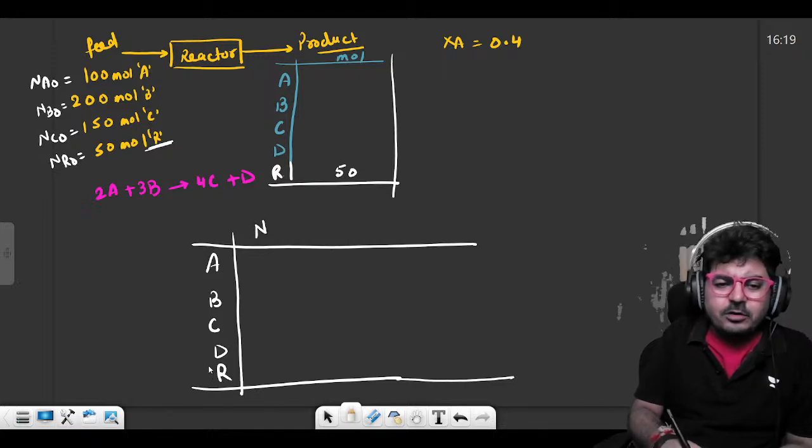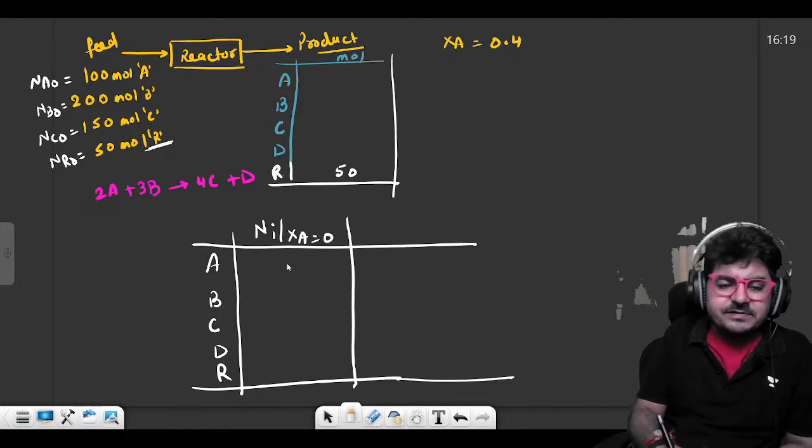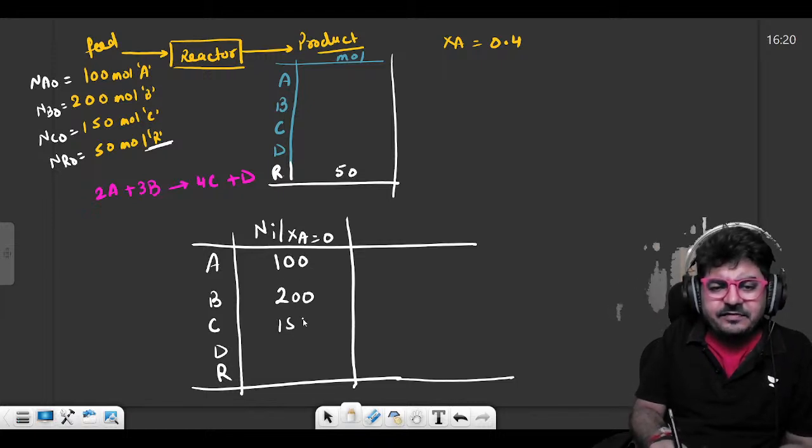In the first column, write all the components. In the second column, write moles of components at Xa equal to 0, meaning initial moles, Ni naught. Where A is 100, B is 200, C is 150, D is not given so it will be 0, and R is 50.